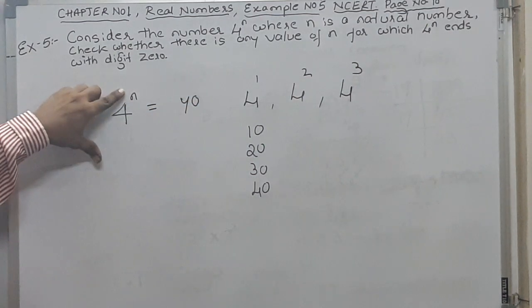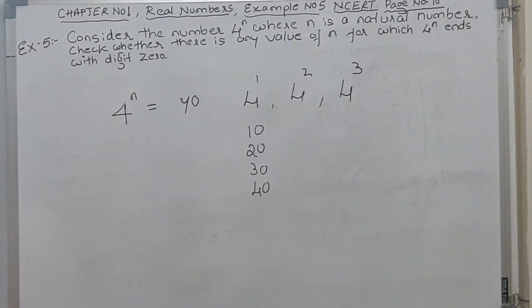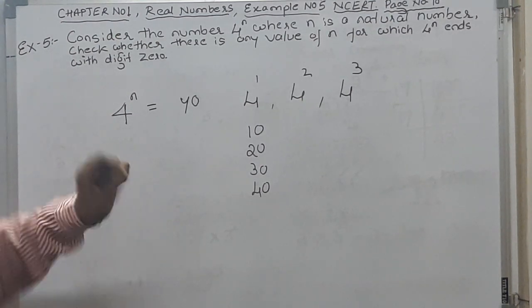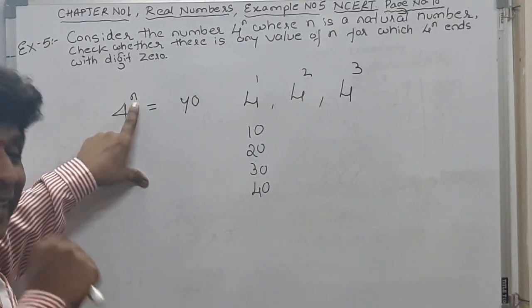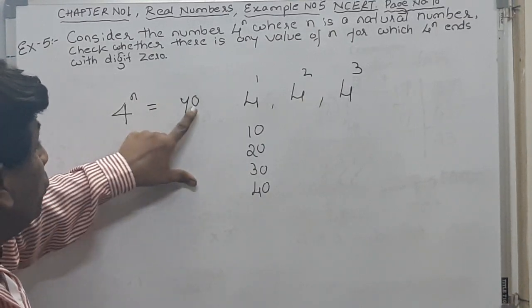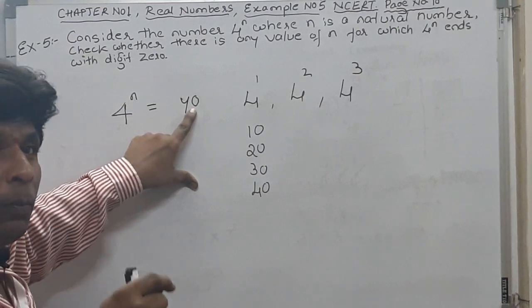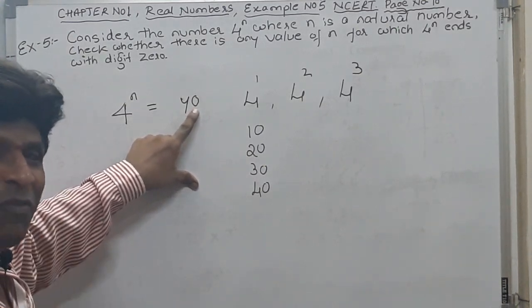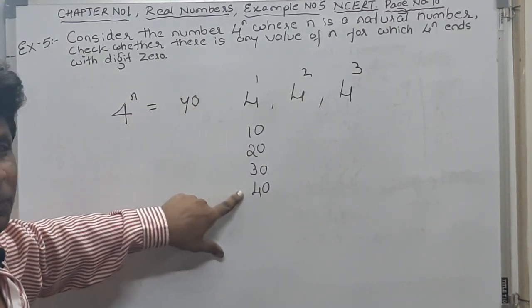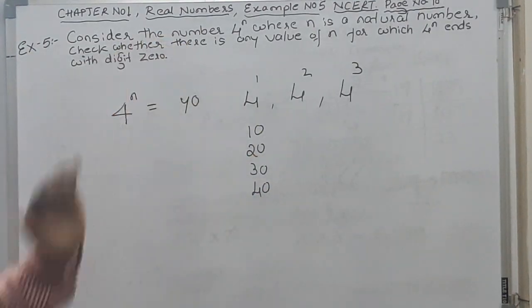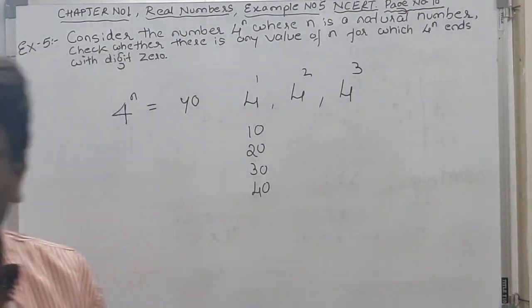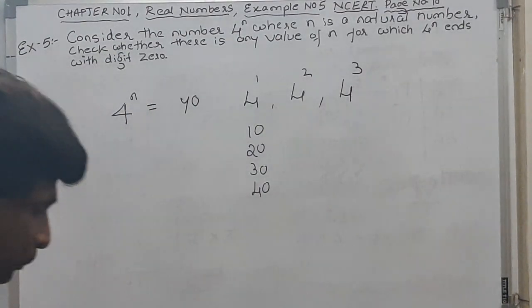Like that, is there any value for n? If you put any value for n, the whole answer should be of this type, ending with 0. Is it possible or not, he is asking, friends.